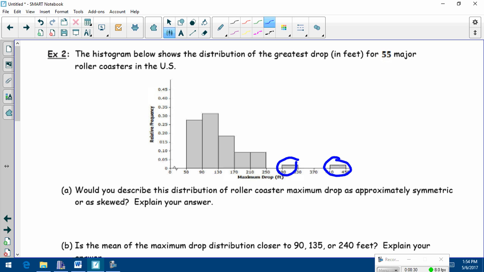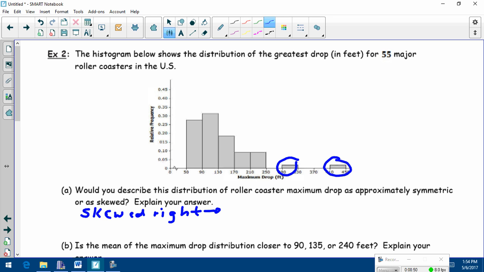I'm zeroing in on those two values. If those two weren't there, we could maybe make a case for approximately symmetric, but most of the data is over here on the left. We've got some outliers, so I would say it's a little skewed to the right again. So I'm just writing skewed right.